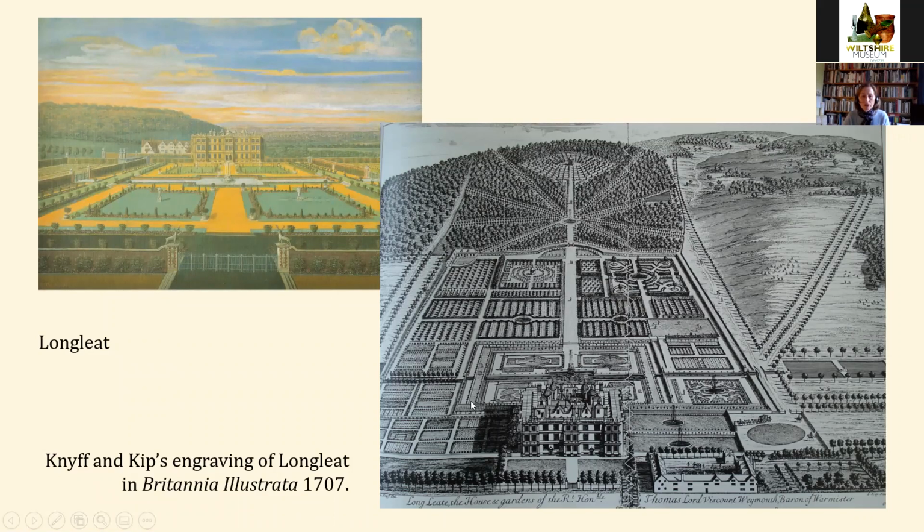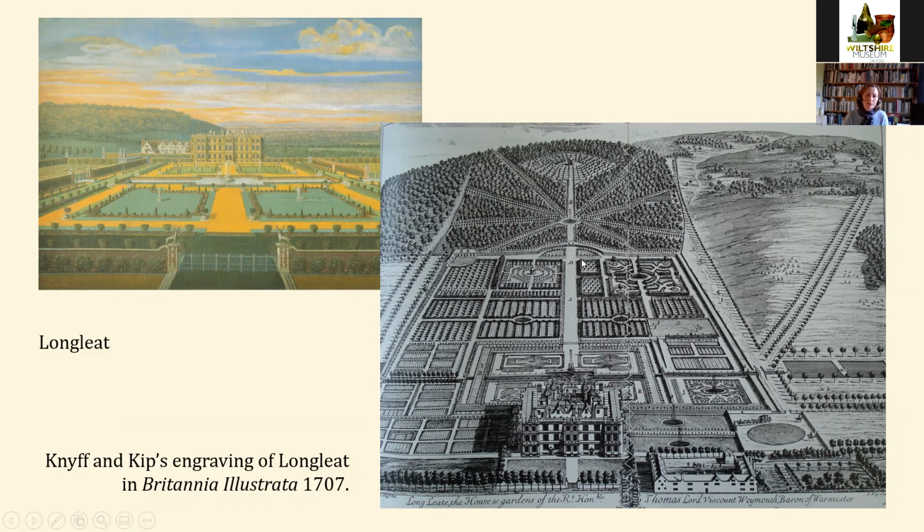You've got the geometric gardens here, the axes stretching away through the landscape. You've got the river, which has been canalised here, and where it goes out of the actual gardens, it's been very correct and falling into square ponds here.